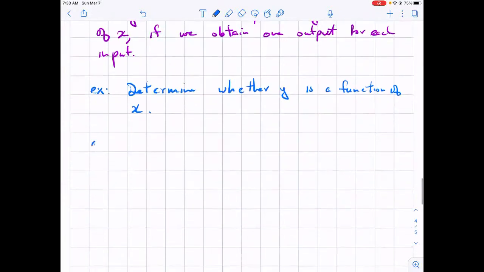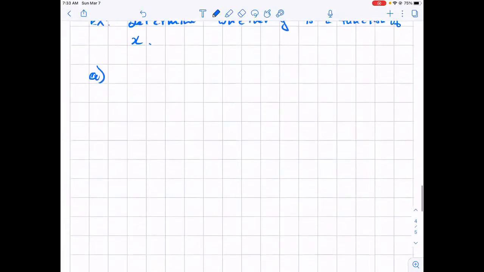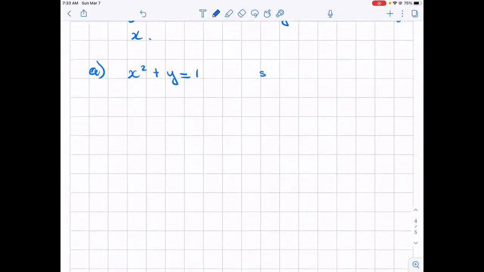And if we look at example A, we have x squared plus y is equal to 1. So let's solve for y.